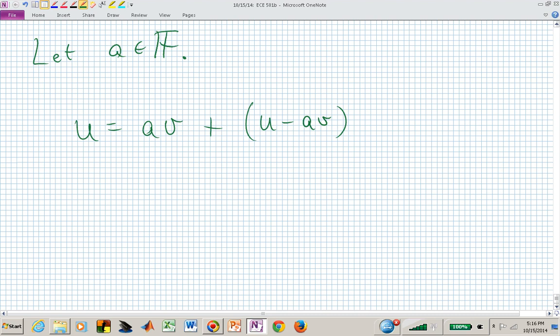We have a piece of u that's in the direction of v, and the other piece is in an orthogonal direction to v, just by the choice of a. And we can do that with our knowledge that we already have, the Pythagorean theorem and inner product.